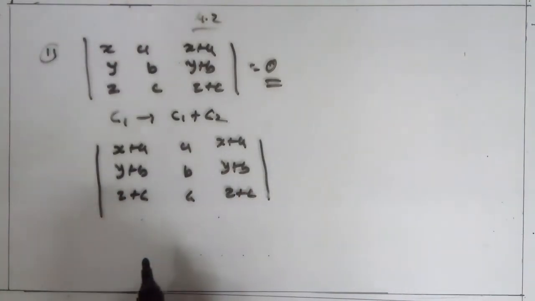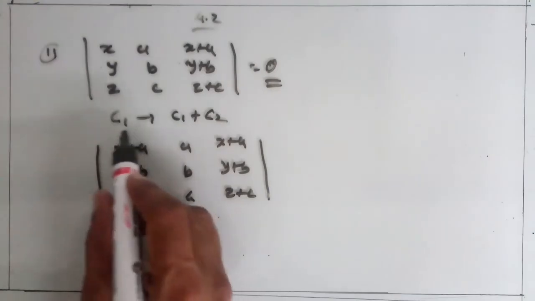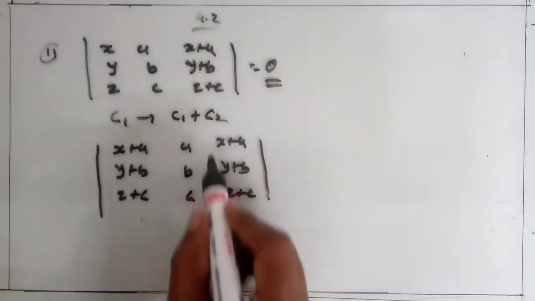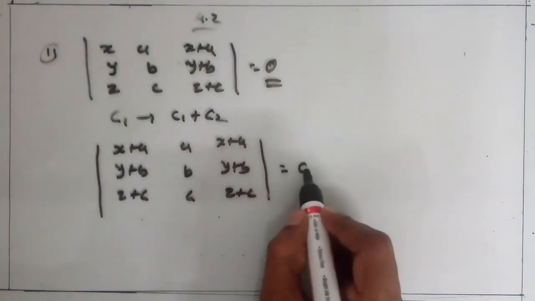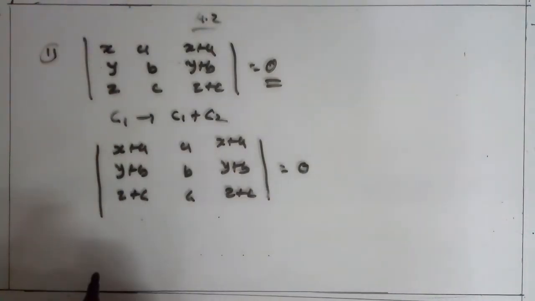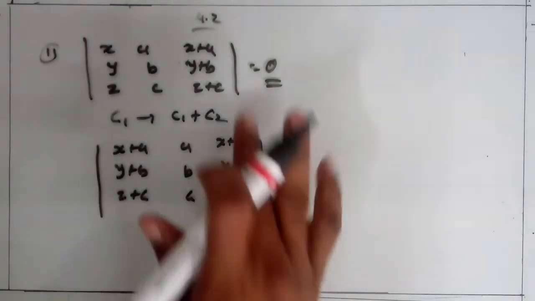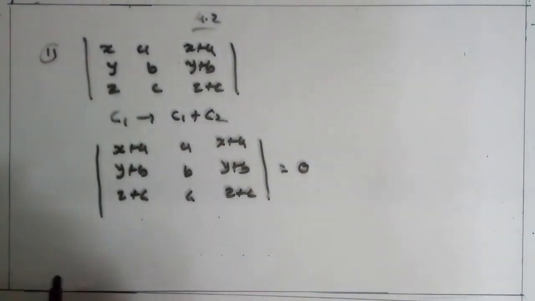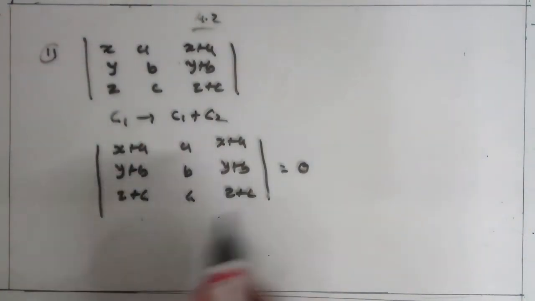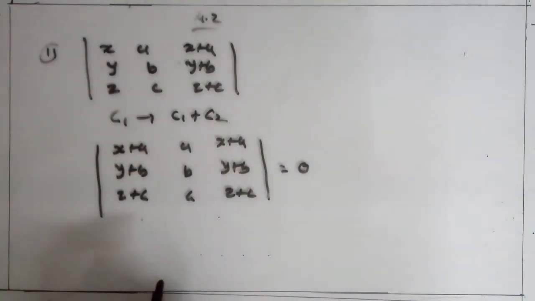Here the first column and third column are both the same, so the value of this determinant becomes 0. Clear? Hence proved. So taking this side, we get 0.